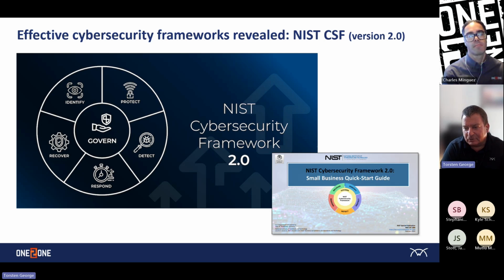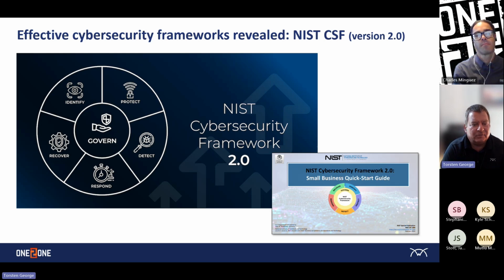And then I don't know what the mix of our audience is, if you're a small business, a medium-sized business or a larger organization. But for the first time in version 2.0, NIST focused in on small and medium-sized businesses.